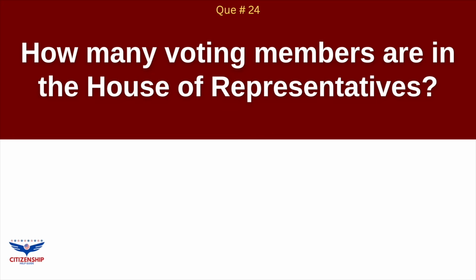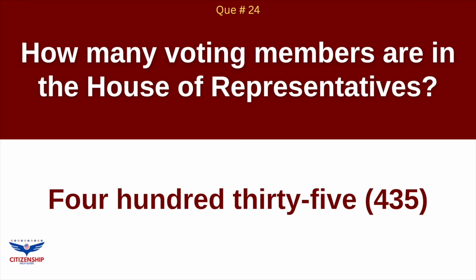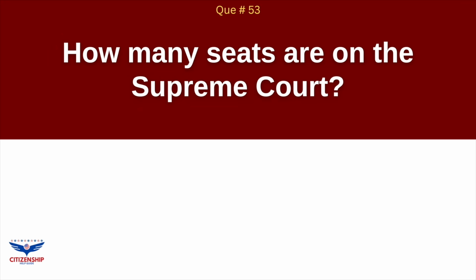How many voting members are in the House of Representatives? 435. How many seats are on the Supreme Court? 9.